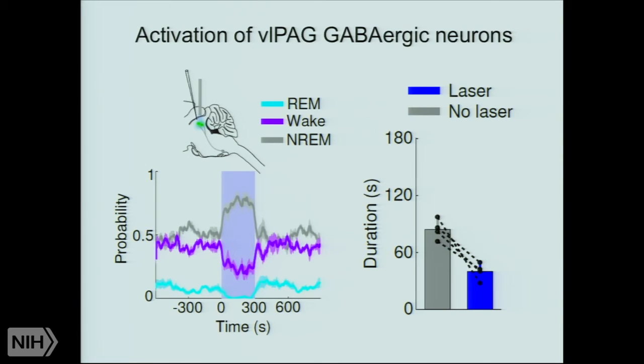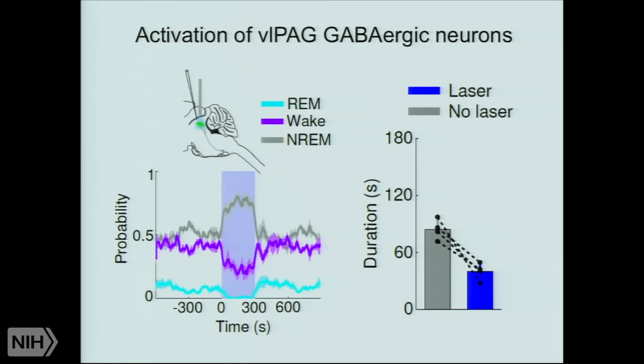This is consistent with what people believed before using pharmacological manipulations, except that in addition to suppressing REM, it also decreases wakefulness, so it really increases non-REM sleep. Because the other part of my lab is also really interested in looking for mechanisms that promote non-REM sleep, this came as a pleasant surprise, because this is what we're looking for. This decrease of wakefulness is an interesting side finding. Anyway, we're pursuing this aspect.